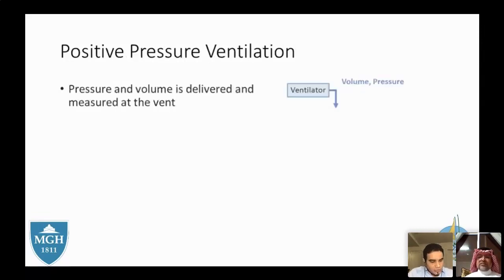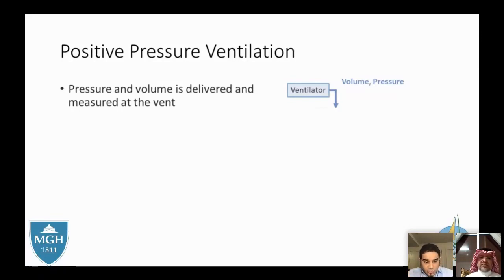All right, so unlike natural breathing, where air is drawn into the lungs by negative pressure with chest wall expansion, mechanical ventilation is generally delivered with positive pressure. We are pushing pressure into the lungs, meaning air is pushed down into the lungs.